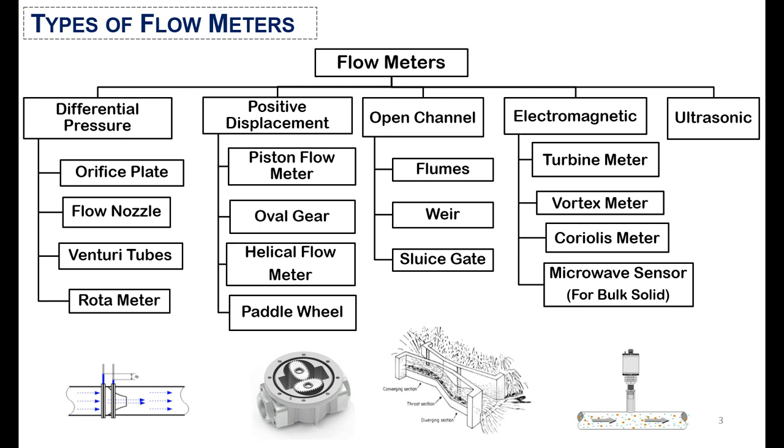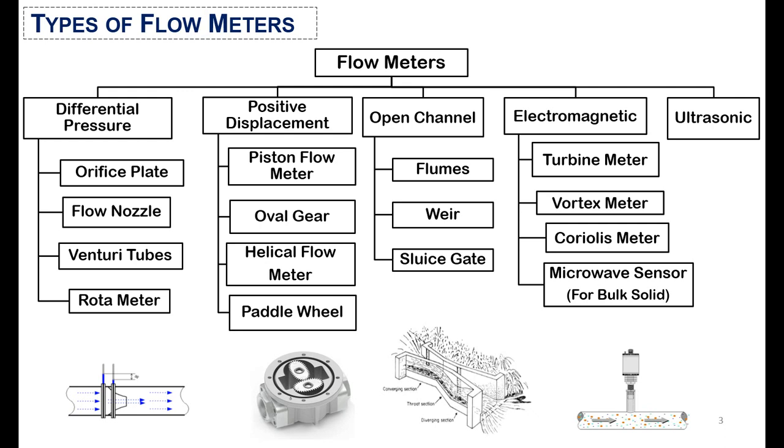Similarly, in case of positive displacement flow meters, there are further categories of flow meters: piston flow meter, oval gear flow meter, helical flow meter, and paddle wheel flow meter.